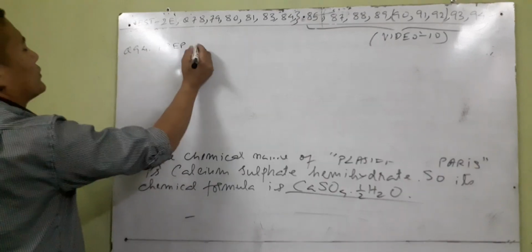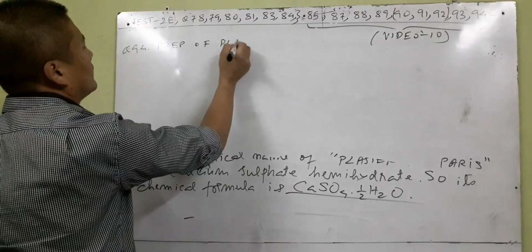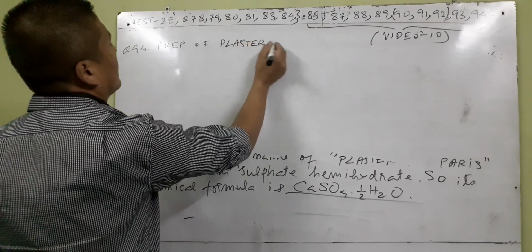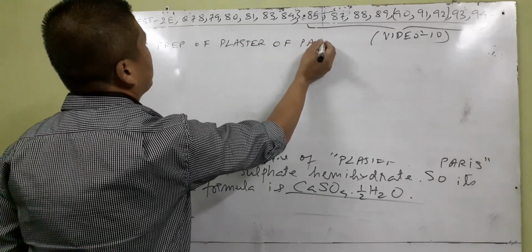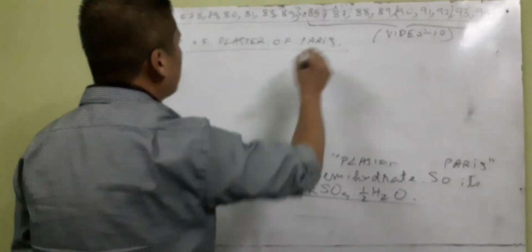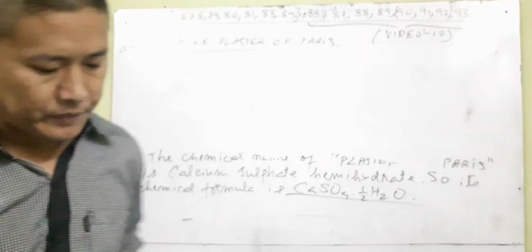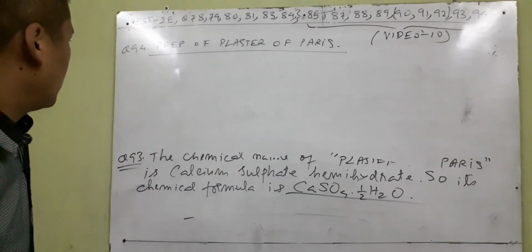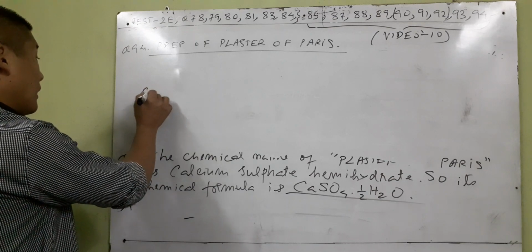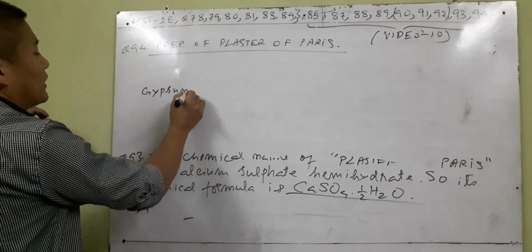Okay, 94. So here, question number 94. How is plaster of Paris prepared? How do they manufacture it in the industry? The question is saying, how is plaster of Paris manufactured or prepared? So what they do is they take gypsum. Write gypsum and know the formula of gypsum.